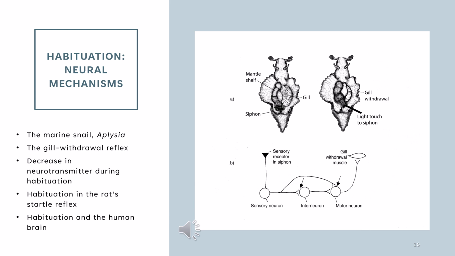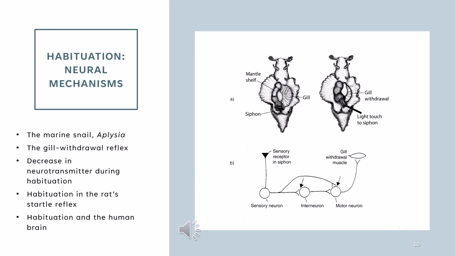And so the mechanism we see is the decreased neurotransmitter release from the siphon sensory neurons. And then when we see the decrease in neurotransmitter, which happens during habituation, there's a short-term presynaptic vesicle depletion. And so this is the Ca2+ channel changes. So longer-term structural changes equals fewer synaptic contacts.